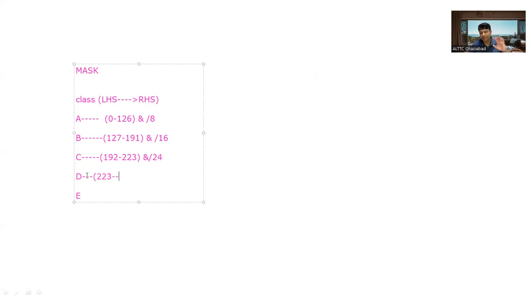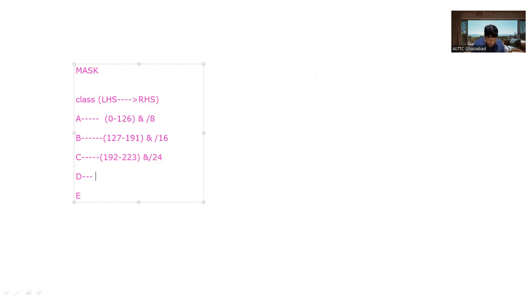I provided the PPT, I will give it to you. But actually only the first three classes are distributed. D also they made a category after 223, but it is not distributed to any location.